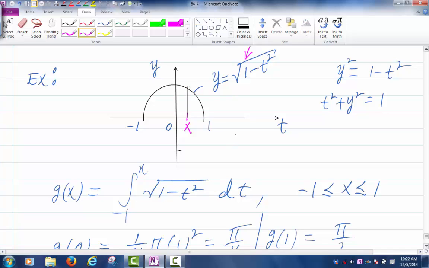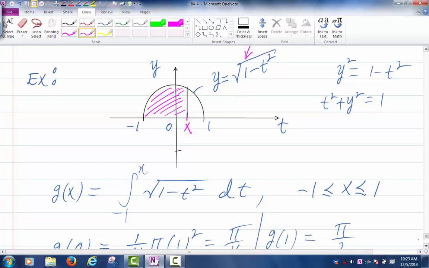G of x is giving me the area below the half circle, above the interval from -1 to x, right? The value of g of x is giving you that area. You guys agree with that? Is everybody okay with that? The value of g of x is that area.